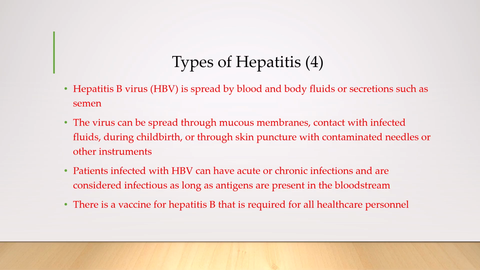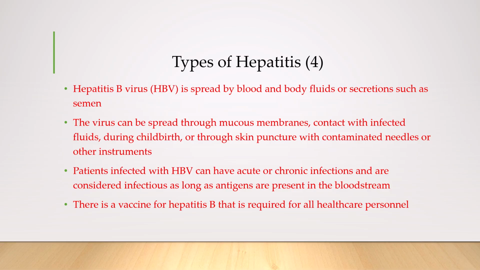So, ladies and gentlemen, listen up, and then listen up one more time. Hepatitis B virus is spread by blood and body fluids or secretions such as semen. The virus can be spread through mucous membranes, contact with infected fluids, during childbirth, or through skin puncture with contaminated needles or other instruments.